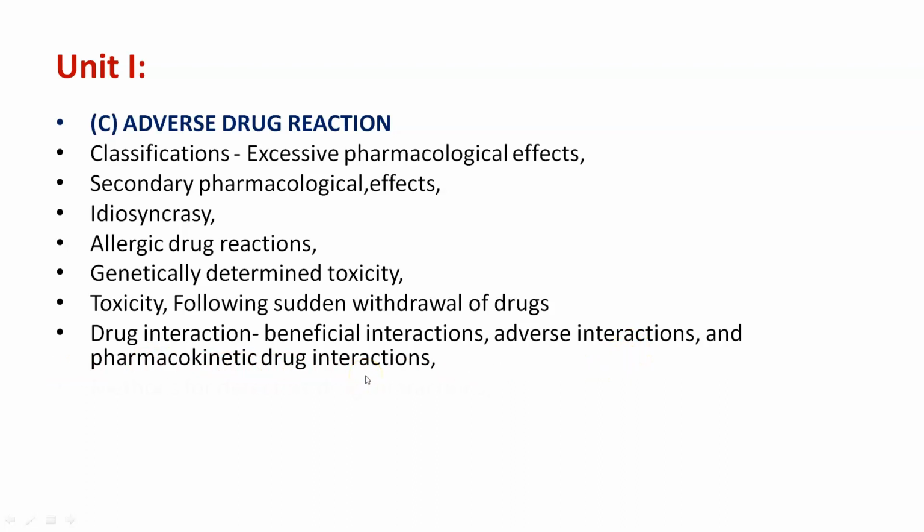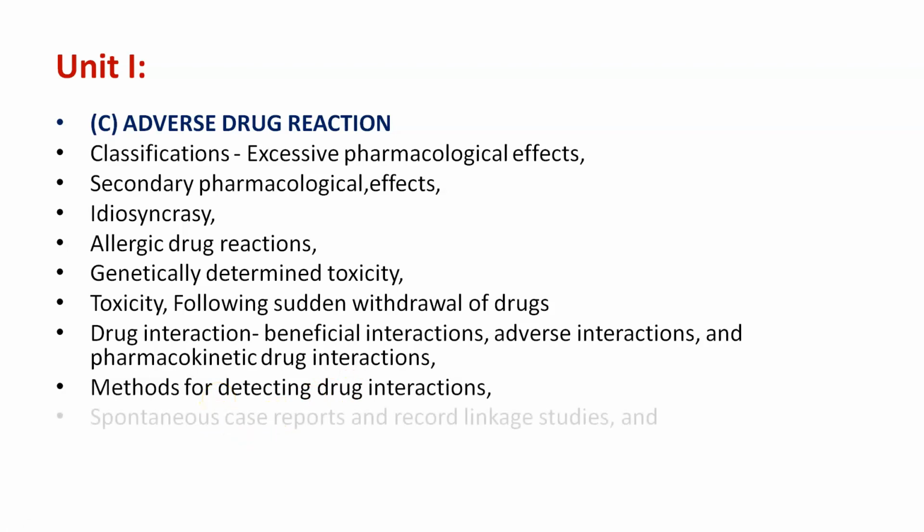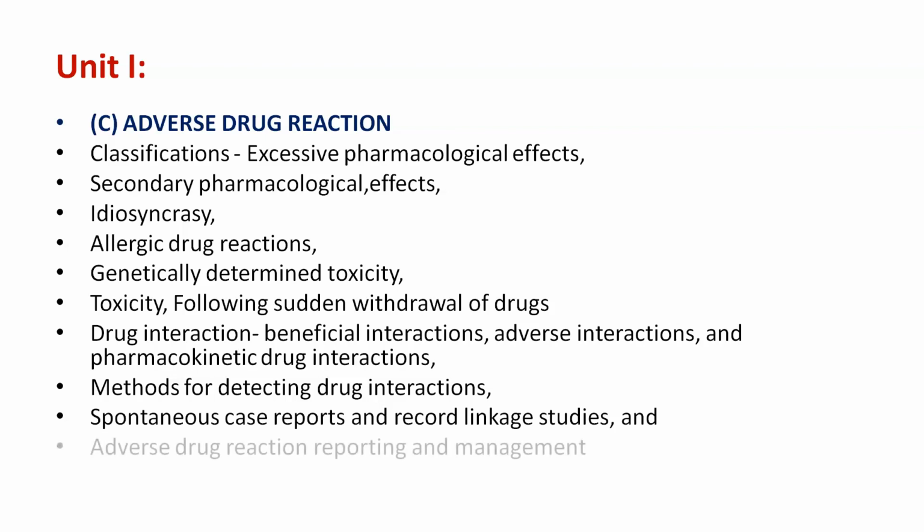With examples, methods for detecting drug interactions, what is meant by spontaneous case reports and record linkage systems or record linkage studies, adverse drug reactions, how do you report it and how do you manage overall the adverse drug reactions.